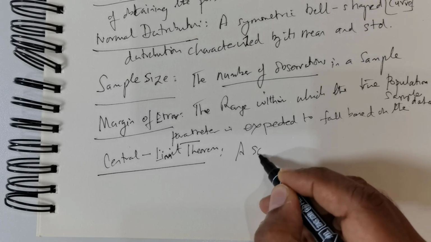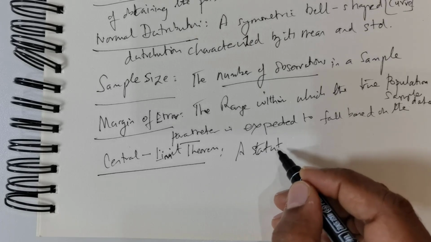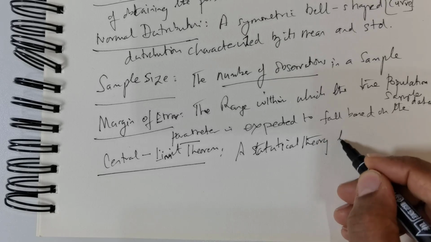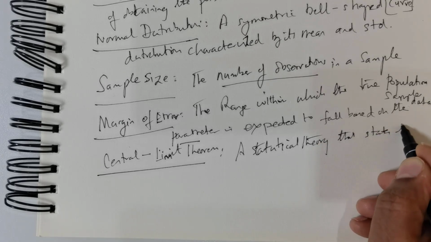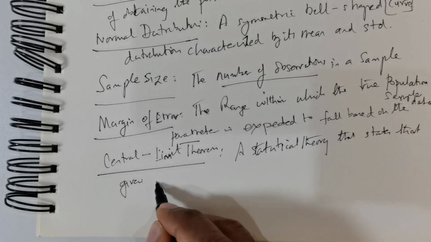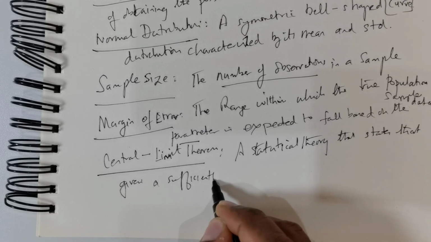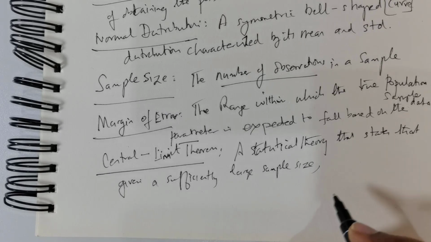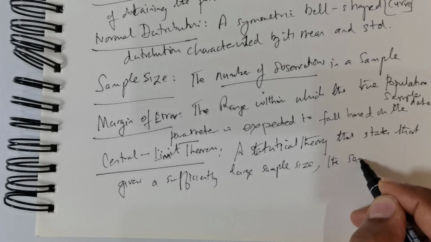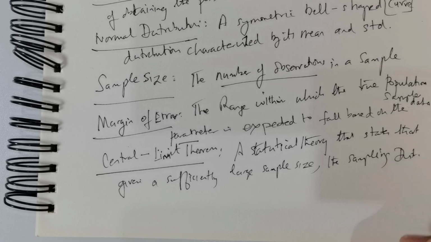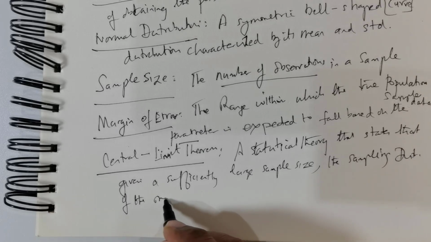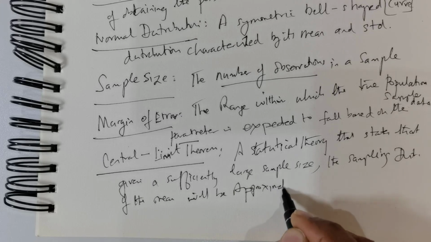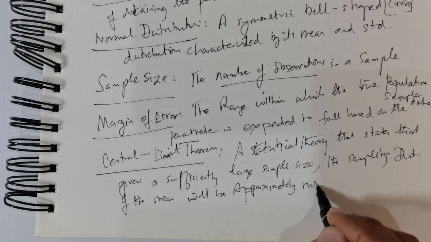Now what is this? This is nothing but a statistical theory that states that given a sufficiently large sample size, see the beauty of this theorem, the sampling distribution of the mean will be approximately normally distributed.